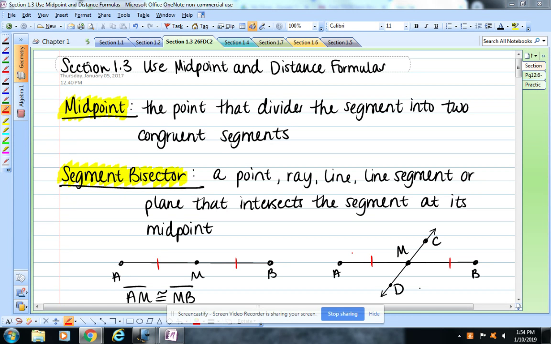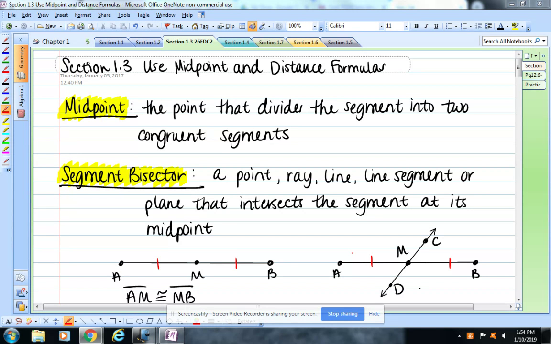Okay? It's going to divide it exactly in half and make two equal parts. So we have segment bisectors, we have angle bisectors, we have circle bisectors, we have just about anything that we can talk about, we have a bisector for. Okay? So a bisector divides anything exactly in half.